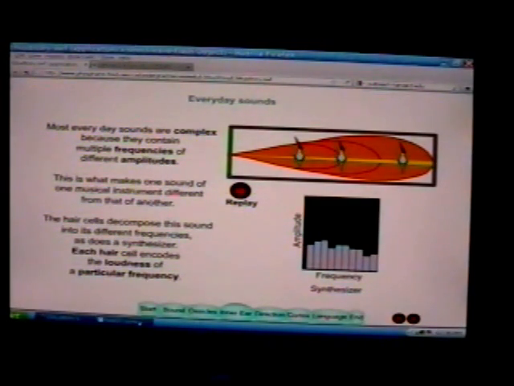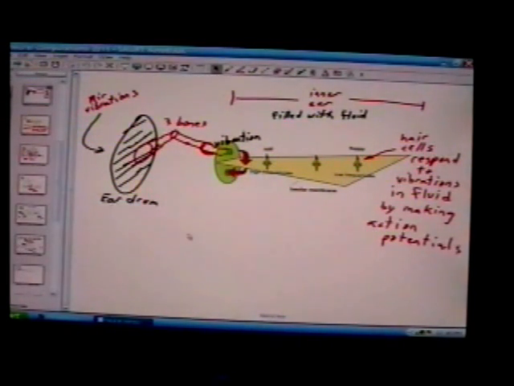So let's just review this quickly. Here's our situation: eardrum connected to the bones, and that's going to vibrate the oval window and the round window, and that's going to set up vibrations in the basilar membrane. And we've got hair cells located along the length of the basilar membrane. Each of the hair cells can generate action potentials in a nerve, the eighth nerve, which would be sent to the brain.